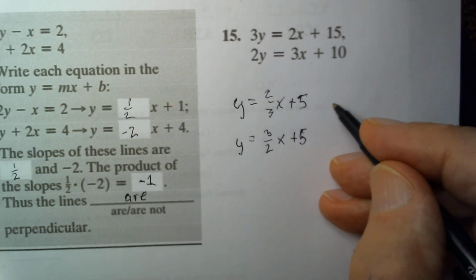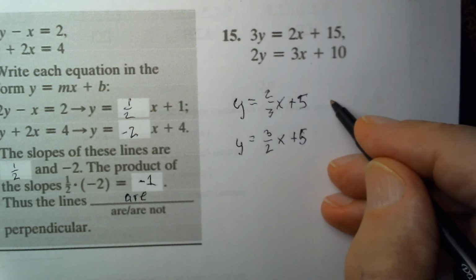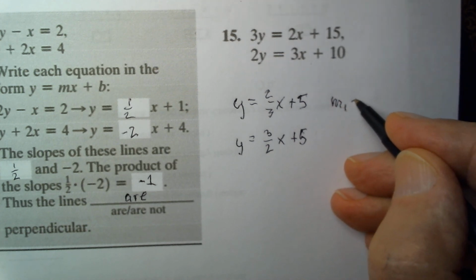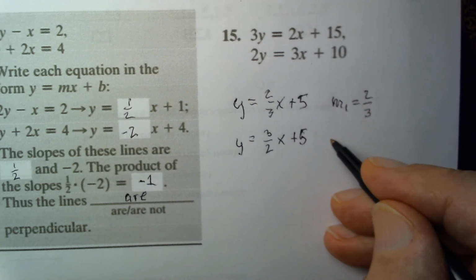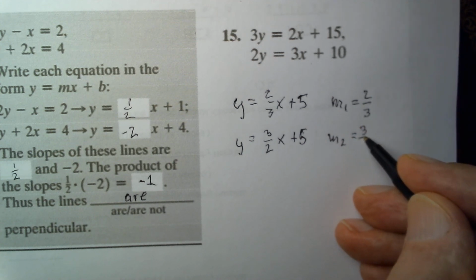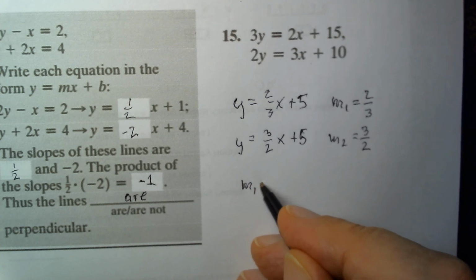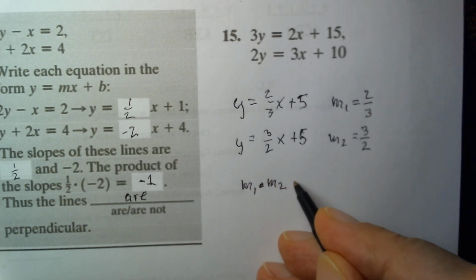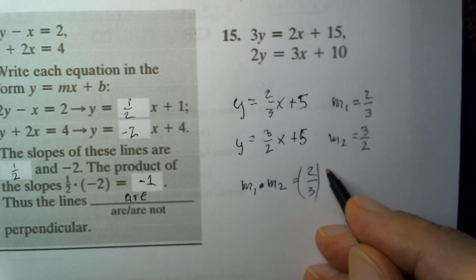And so the slope of the first equation is 2/3. Let's say that the slope m sub 1 is 2/3. And the slope of the second equation, let's say it's m sub 2, is equal to 3/2. And when we take the product of the slopes, m sub 1 times m sub 2, that would be 2/3 times 3/2.